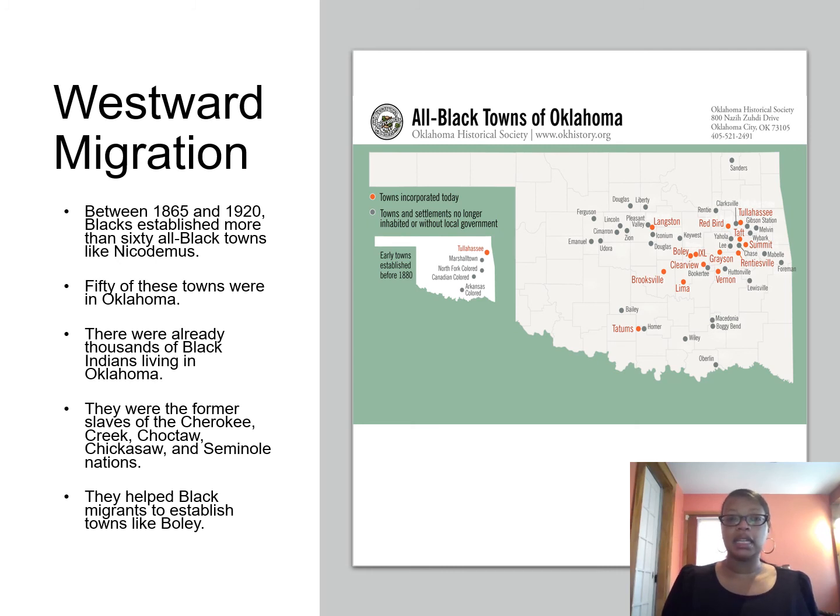And these Black Indians were the former slaves of the Cherokee, Creek, Choctaw, Chickasaw, and Seminole nations. So Black migrants from the South come to Oklahoma, they interact with these Black Indians, and in some cases, they work together to create all-Black towns like Boley, Oklahoma.